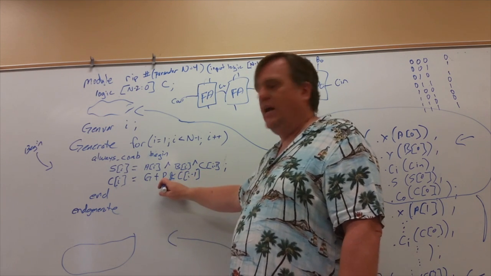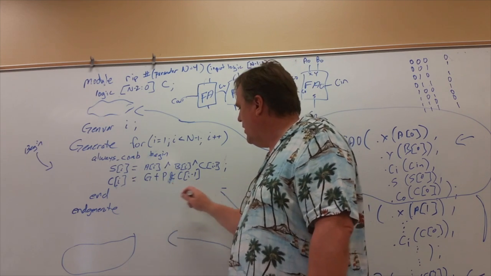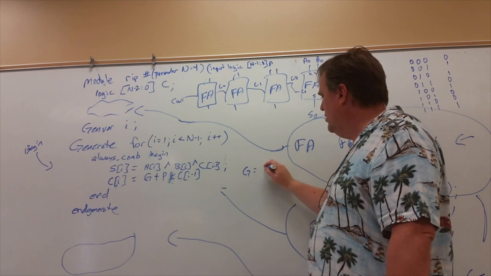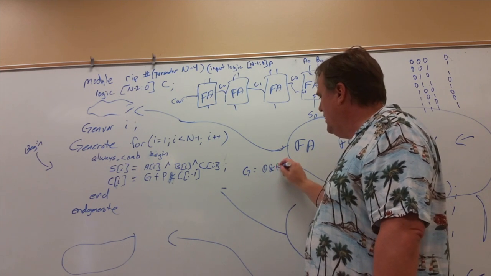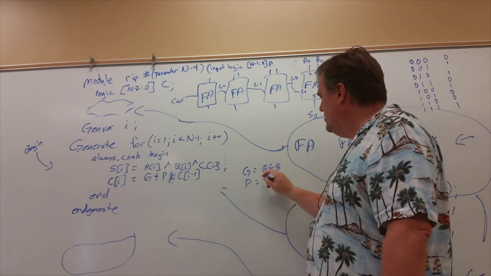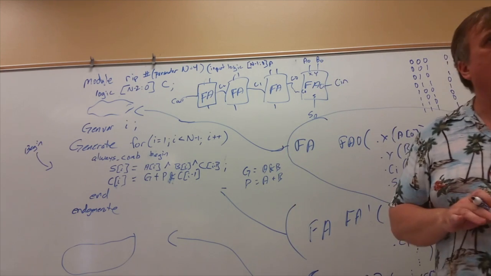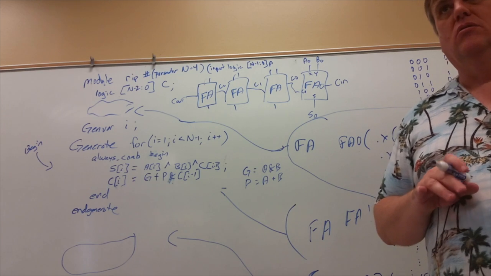And generate is just defined, as a side note, as A and B, and propagate is A or B, with the appropriate subscript. That make sense?